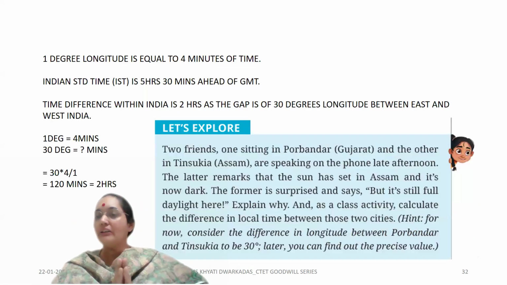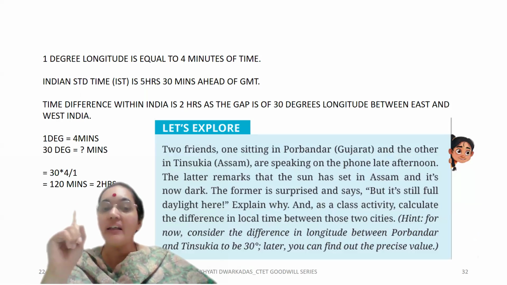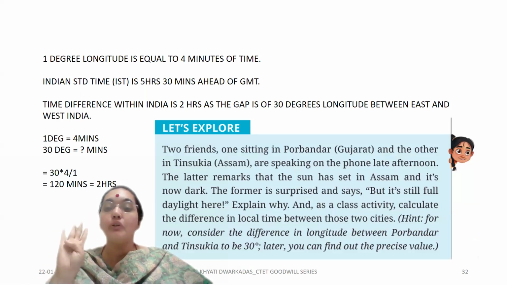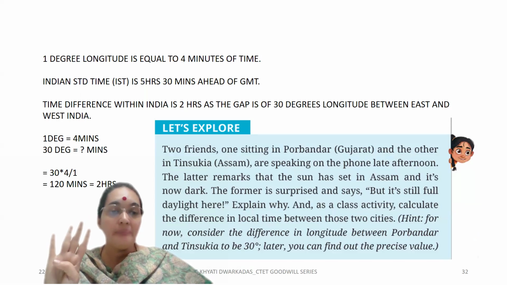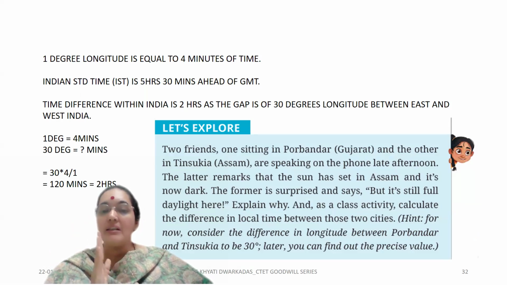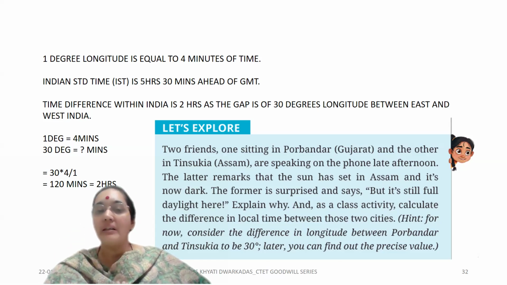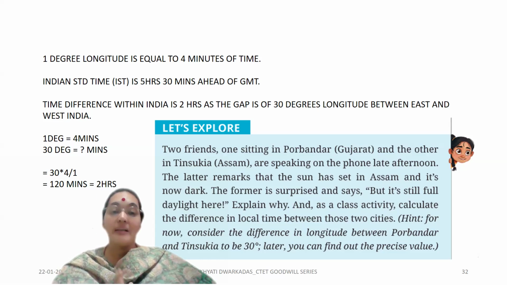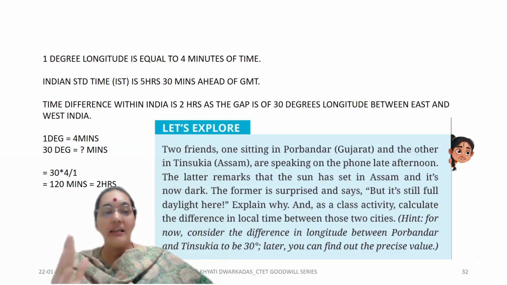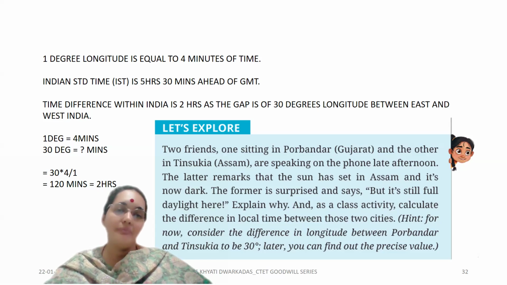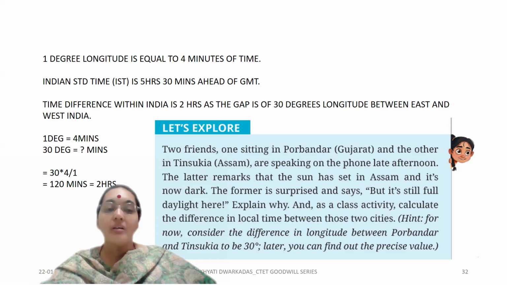So, like I told you, 1 degree of longitude is equal to 4 minutes of your time. Indian Standard Time is 5 hours, 30 minutes more than the Greenwich Mean Time. So we are plus 5.5 hours ahead of the Greenwich Mean Time.